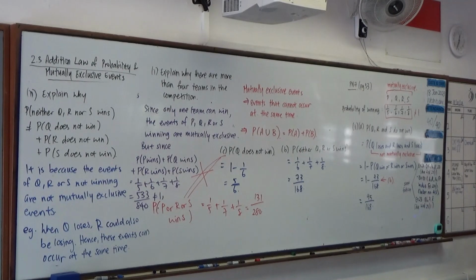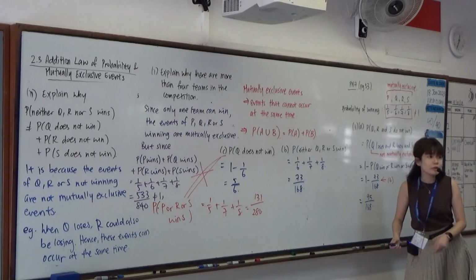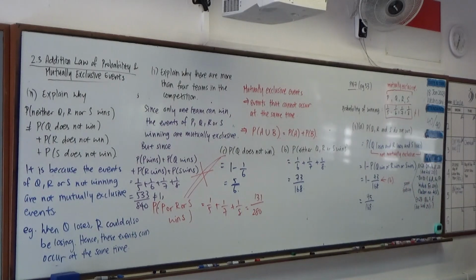Now for tomorrow, home-based learning. What am I going to assign you? I will be assigning you to cover chapter 2.4 on multiplication law of probability. There are some videos for you to watch. Some of the videos are made by me, some are not. I hope that I deliver whatever I hope to deliver through the videos. I only want you to cover up to the idea of independent events.